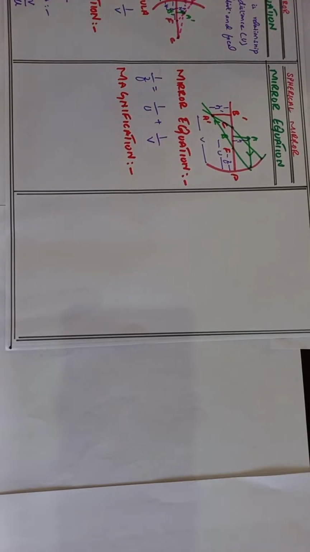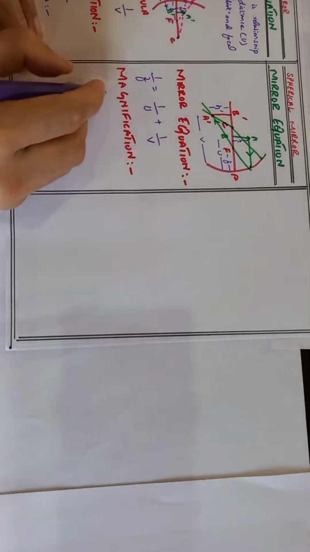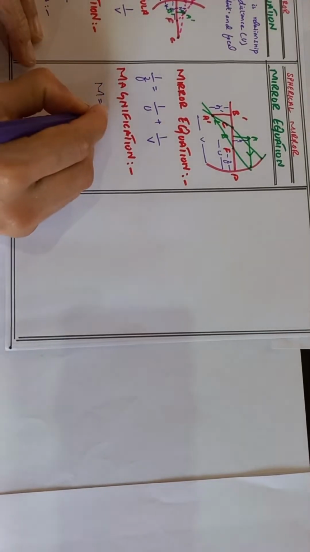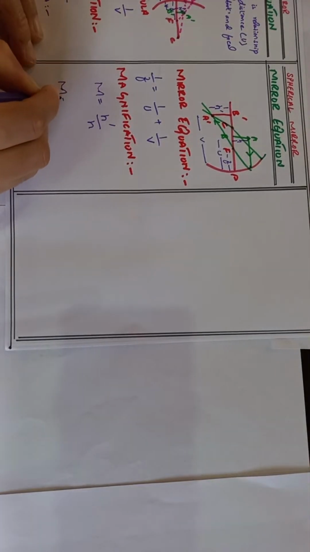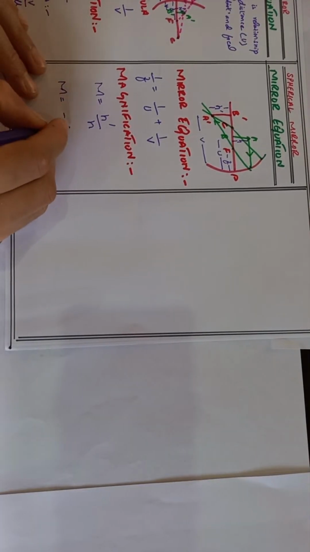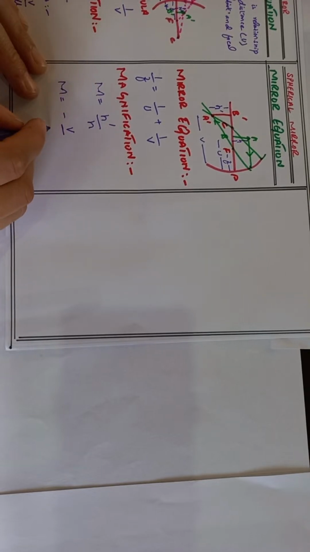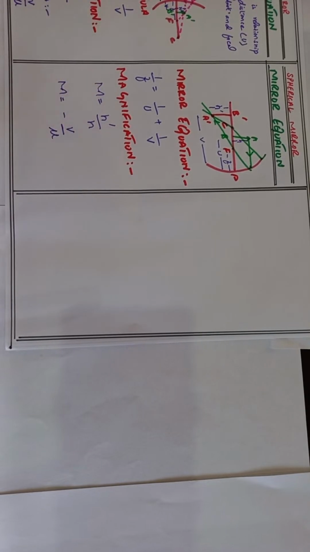Now we discuss the magnification. We can find the magnification of the concave mirror by using the formula: height of the image over height of the object. Second formula: minus image distance from the pole over object distance from the pole.